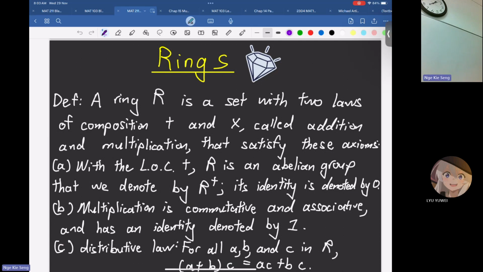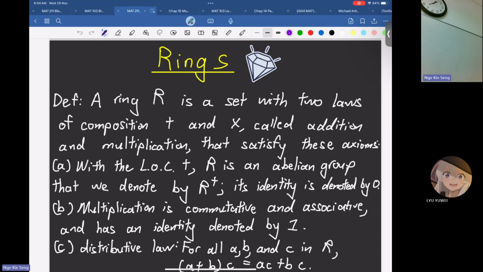Under addition, you have to be an abelian group. In particular, the addition is commutative. And how about multiplication? We require multiplication to be commutative and associative, and you have an identity.